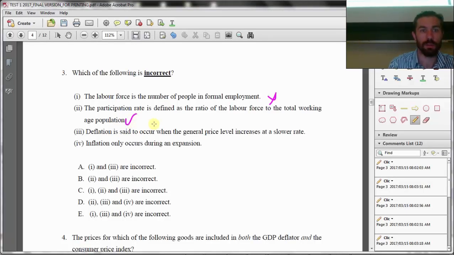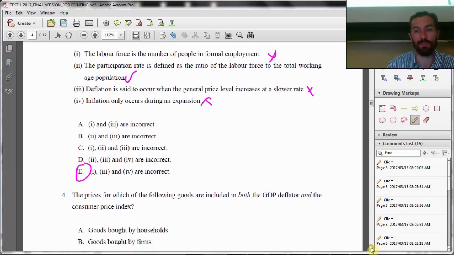Correct, yeah. Deflation is said to occur when the general price level increases at a slower rate. Is that what deflation is? No, as I say, deflation is when it's negative. Inflation only occurs during an expansion. No, not necessarily. So which ones are incorrect? 1, 3, and 4. Any questions or issues?